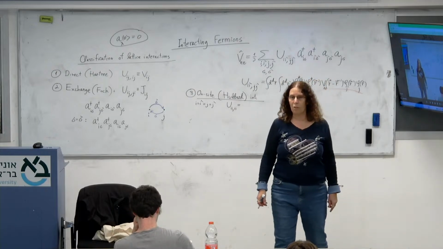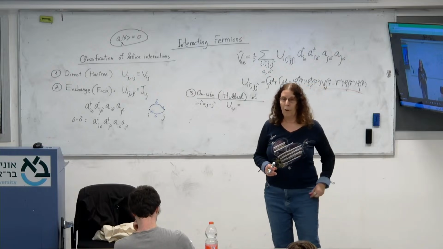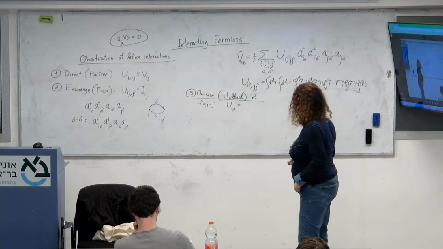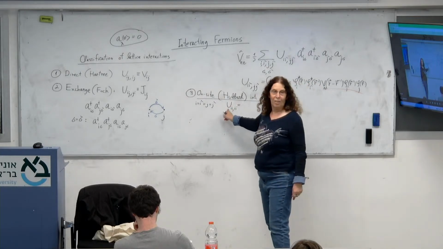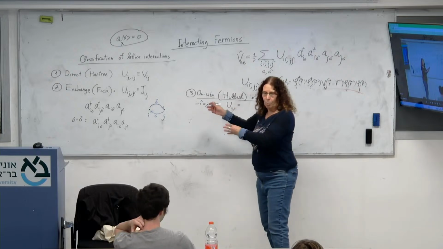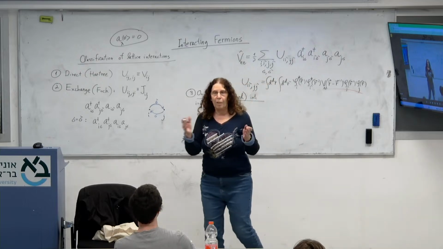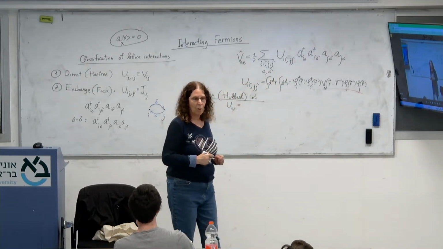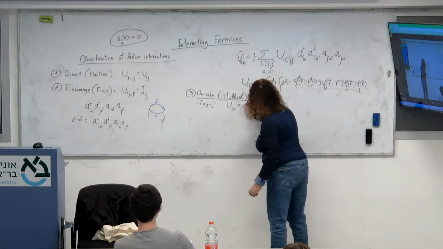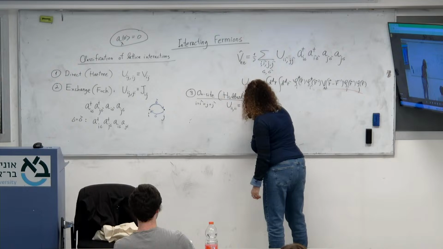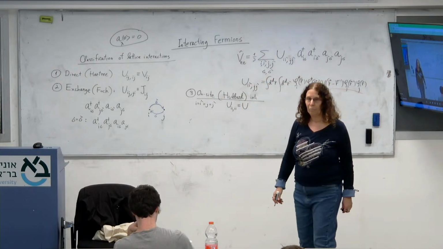Because remember, this is all assuming that there is a periodic crystal, and therefore, because of the periodicity, the interaction, as well as anything else, does not depend on i explicitly. It's independent of i. It only depends on differences, or distances between sites. So since this is completely local, you can just give it one letter, U. It's constant.